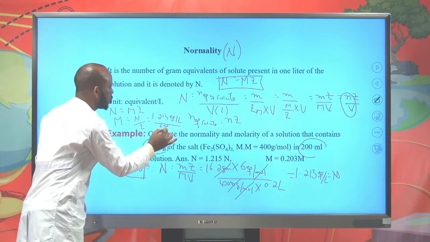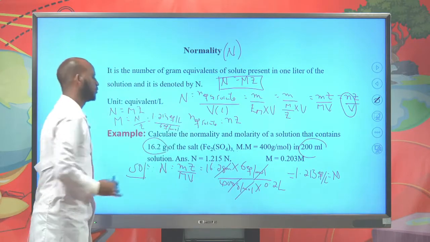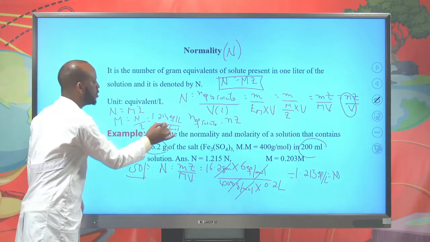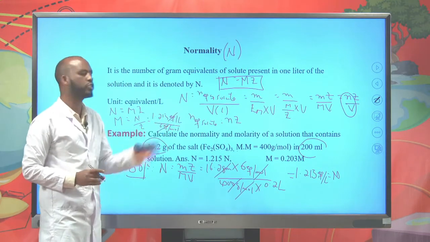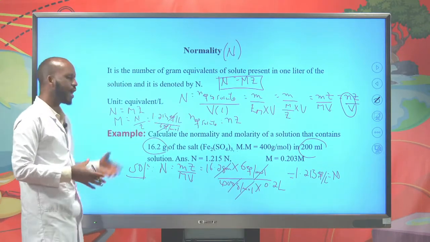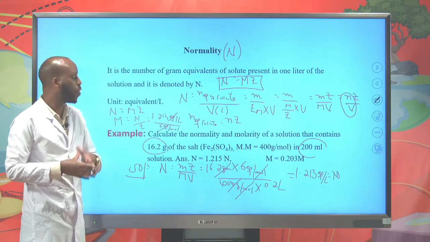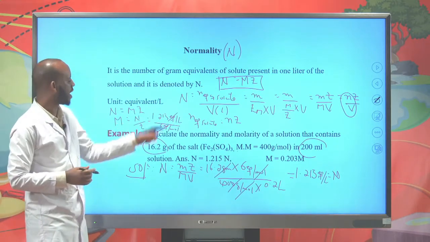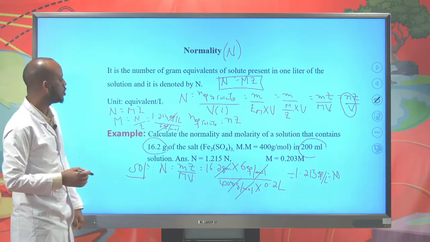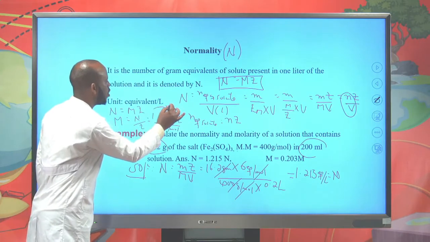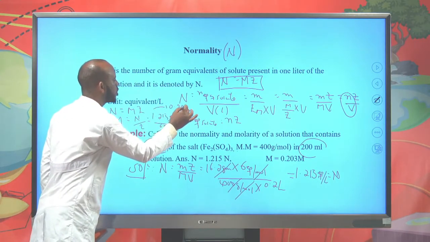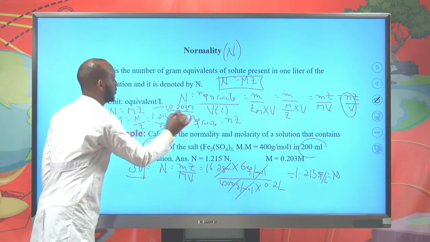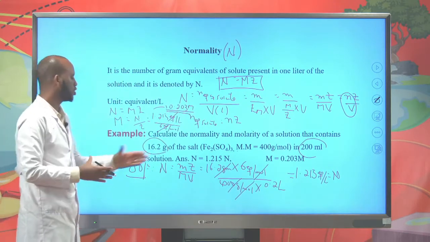Equivalent is cancelled by equivalent. We are left with mole per liter, the unit of molarity, molar. Therefore, 1.215 divided by 6 is 0.203 molar. 0.203 molar is the molarity of this solution.